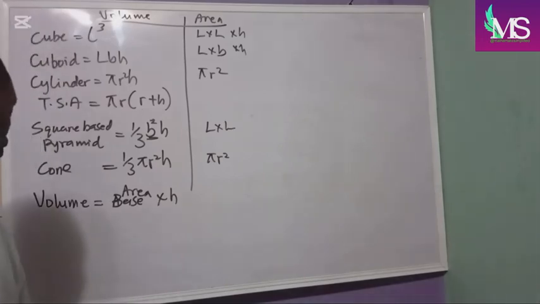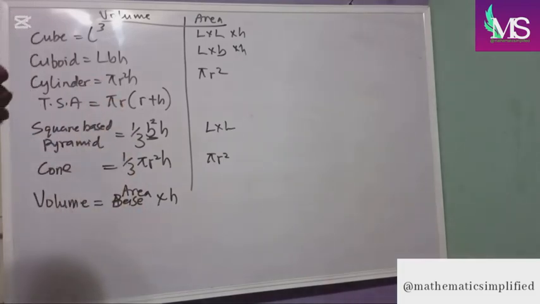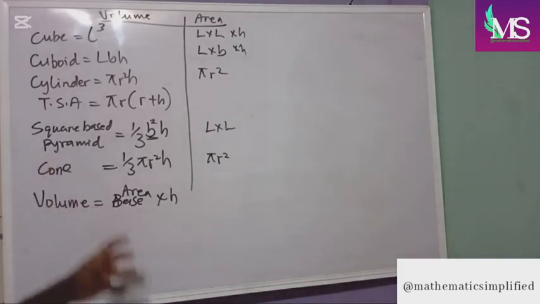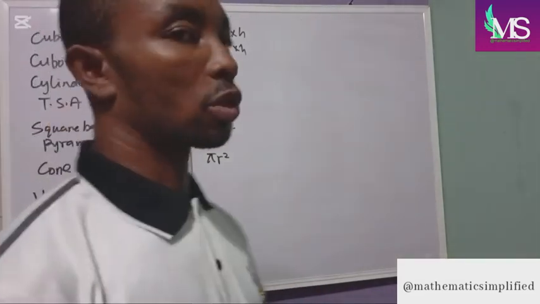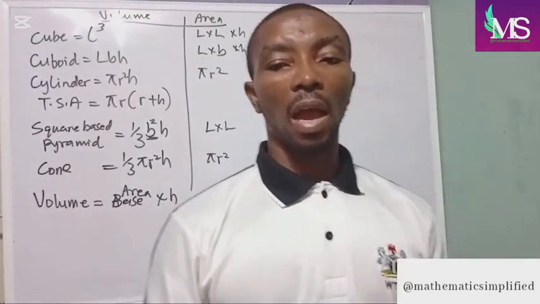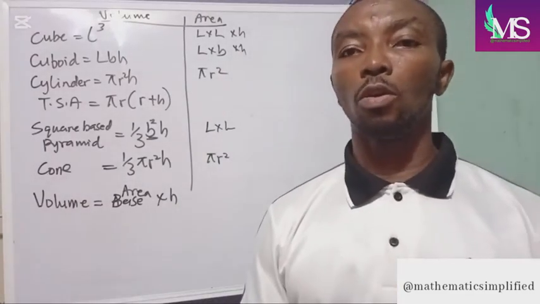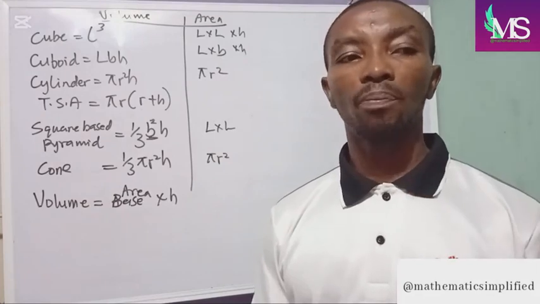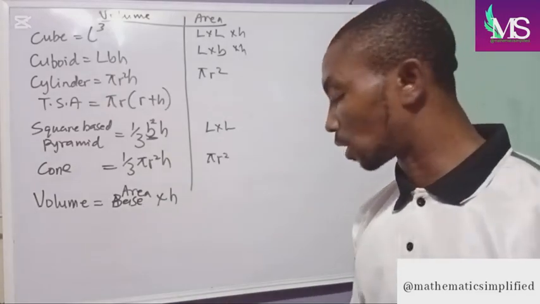In calculating composite objects, we have the volume of both solids being added together. And in calculation of hollow objects, we are subtracting the volume of the smaller internal diameter from the external diameter.